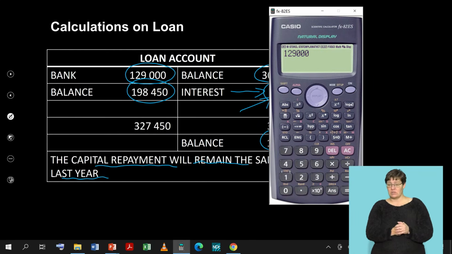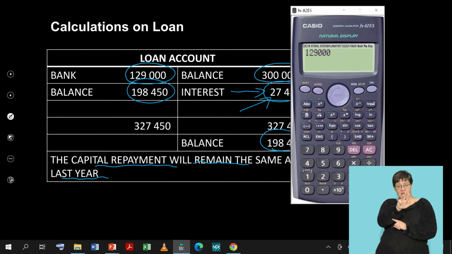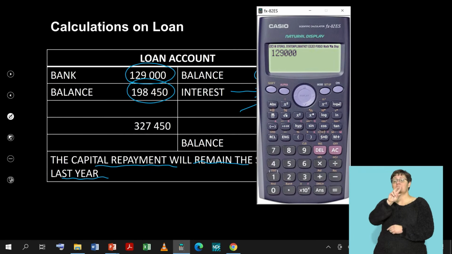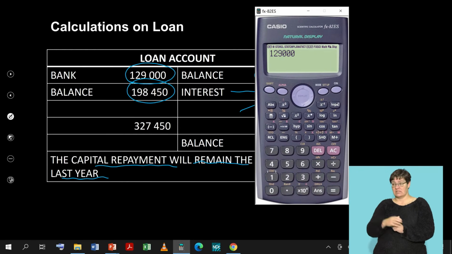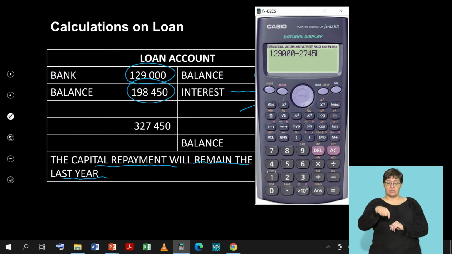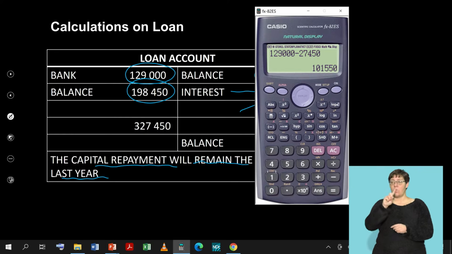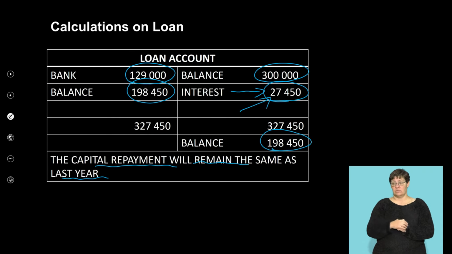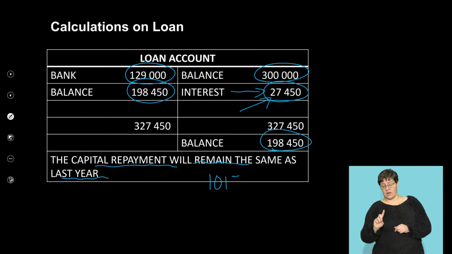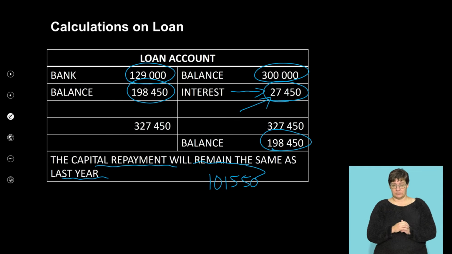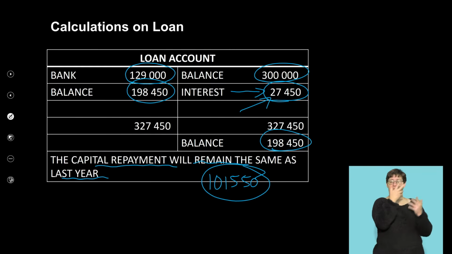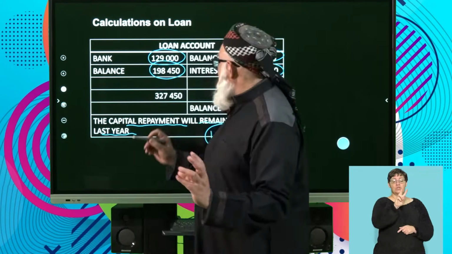Included in there was interest of 27,450. So minus 27,450, and this gives you a figure of 101,550. So you've paid the bank a total of 129,000.